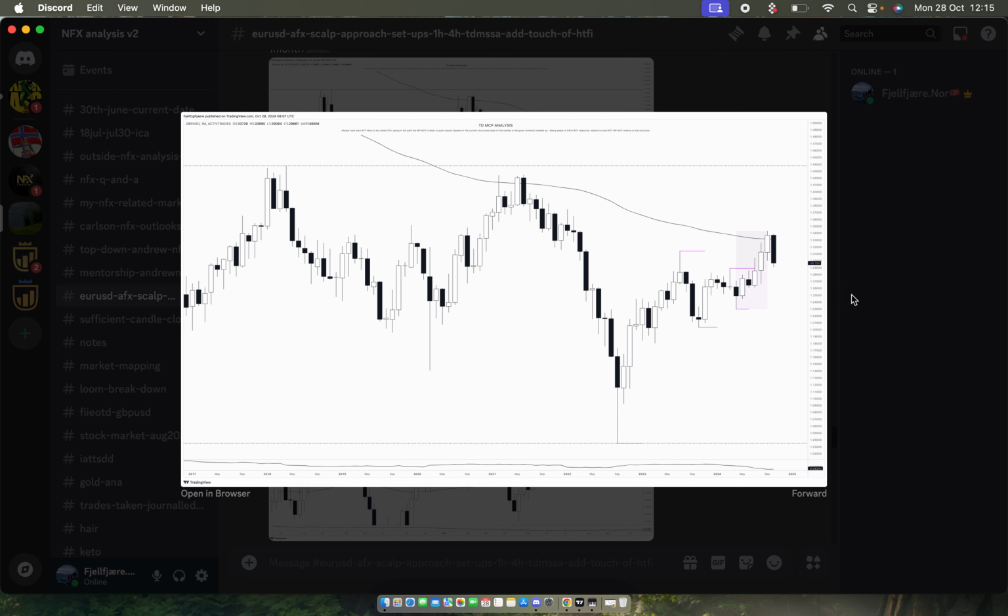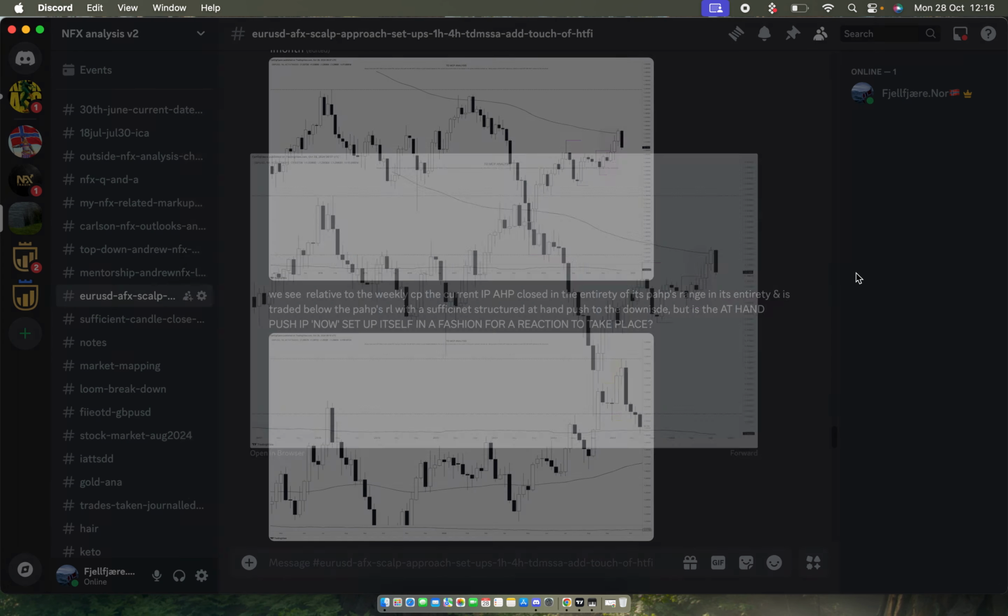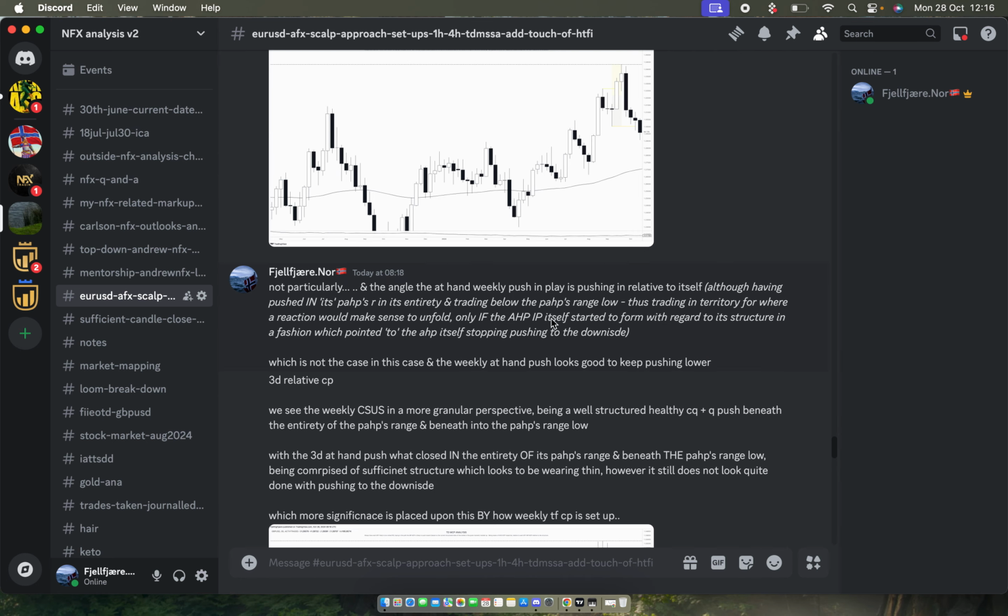And then obviously we can get an idea of how the subsequent weekly bars are likely to form with regard to their anatomy by how the next lower time frames are set up. But as I said here, not particularly. Although the weekly has pushed in its previous atom push's range in its entirety and is trading below the previous atom push's range low, thus trading in territory where a reaction would make sense to unfold, that would only be if the atom push itself started to form with regard to its structure in a fashion which pointed to it stopping pushing to the downside.